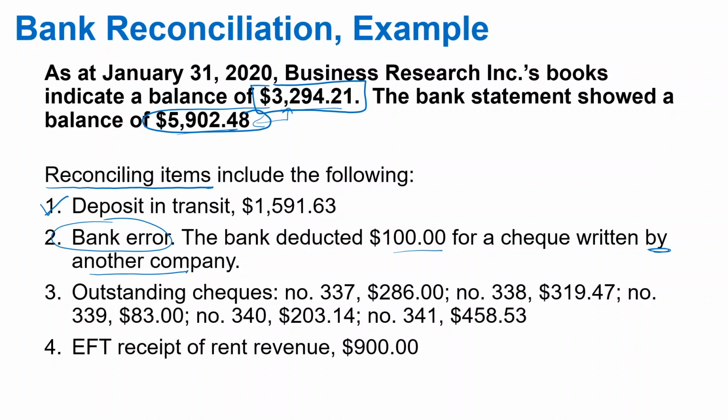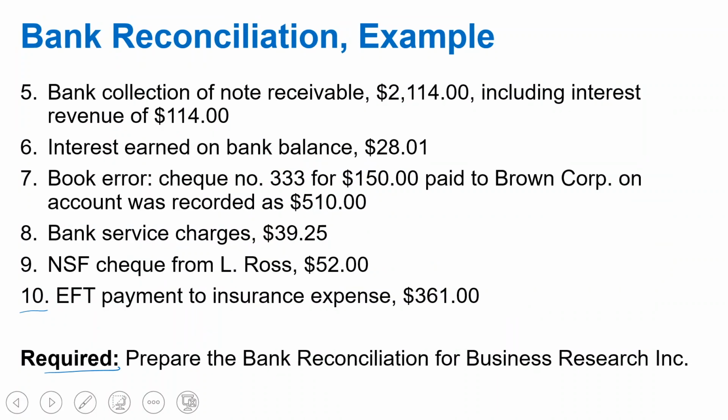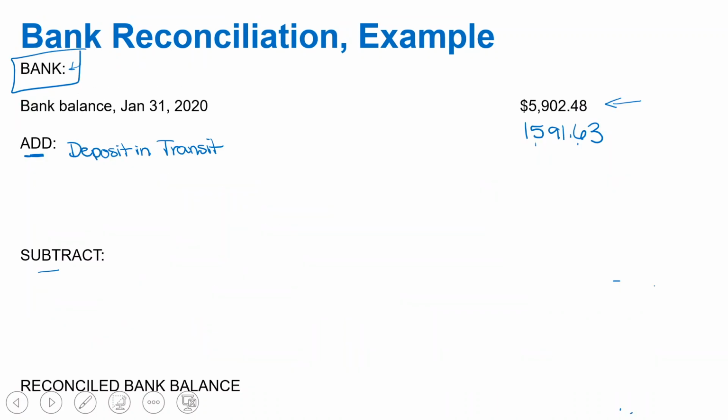So it's going to be something that the bank will have adjusted, and we need to add it because eventually they'll put it back into our account. So this bank error, it goes on the bank portion, and we need to add this amount.